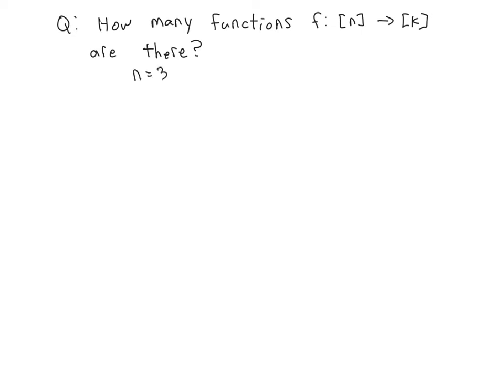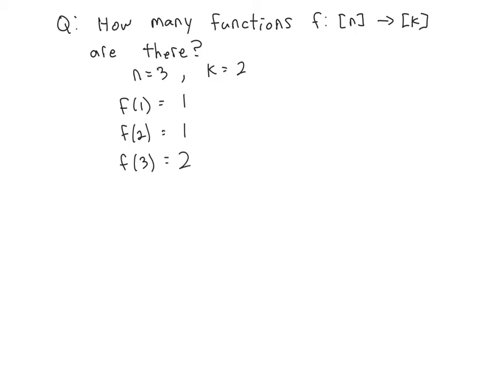So what does a typical function look like? And let's say k equals 2. What does a typical function look like in this case? Well, you have to specify what f of 1 is, you have to specify what f of 2 is, and you have to specify what f of 3 is. So let's say f of 1 was 1, f of 2 was 1, f of 3 is 2.